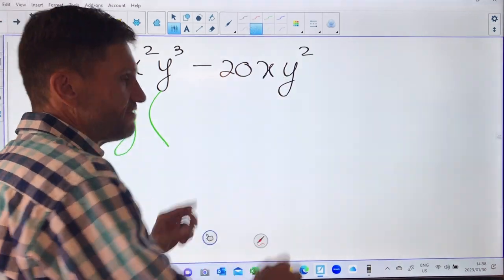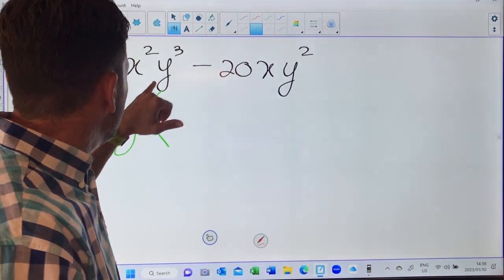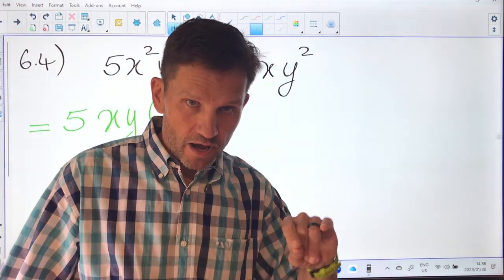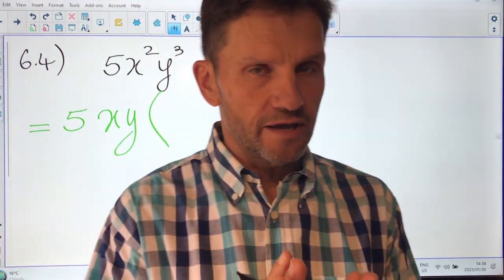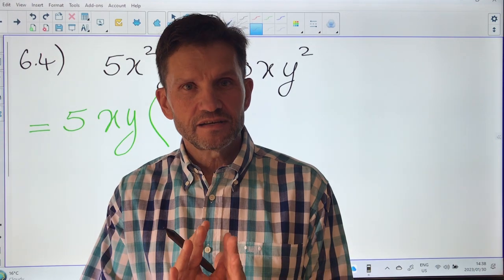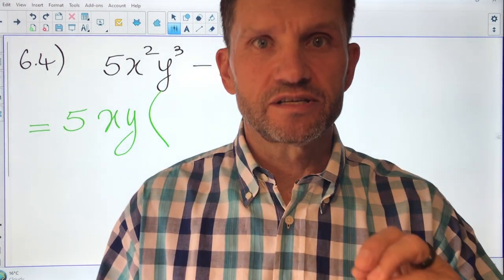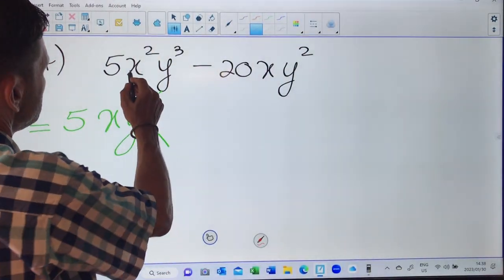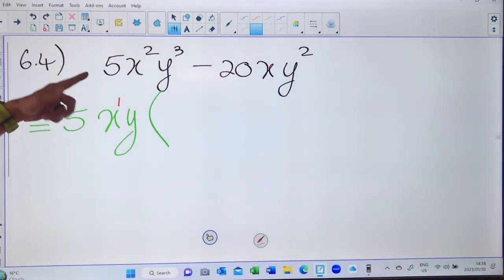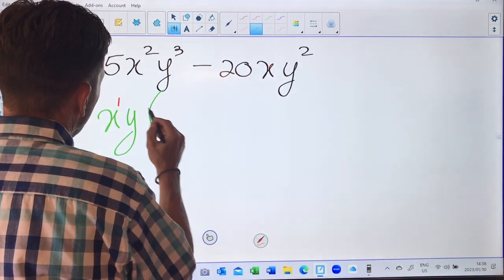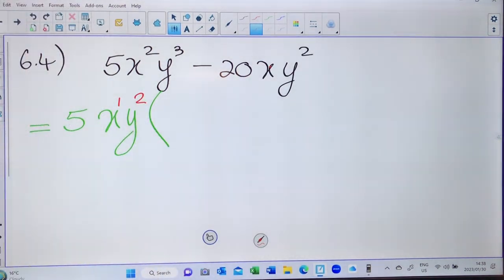Your highest common factor of letters that are repeating with different powers is the one with the lowest power. I'm going to say this again. The highest common factor is the one with the lowest power. So if I look at x, the lowest power of x is 1, so that would be just x, or x to the power of 1. Looking at y, there's a y cubed and a y squared, so that gives us a y squared.